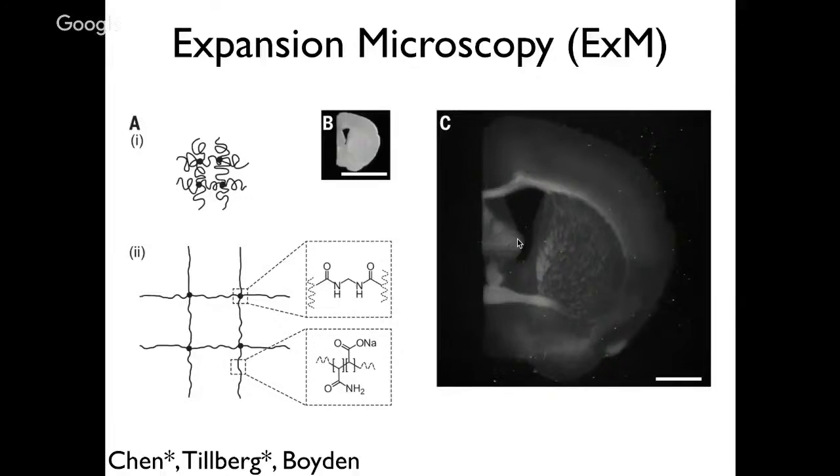And the way they do that is by infusing the brain tissue with this swellable polymer, sodium polyacrylate, which, when it is exposed to water with a low salt content, will start to create chains that repel each other, and will swell and hydrate as an expanding hydrogel, and will actually blow up physically the sample, initially in what they demonstrated by about 4 or 5 times along an axis.